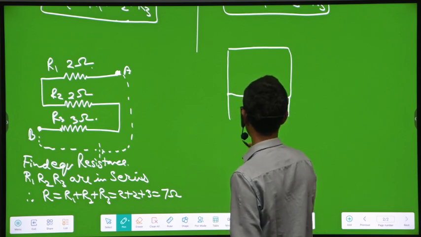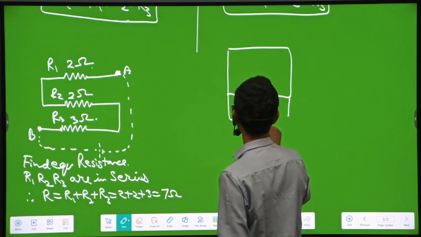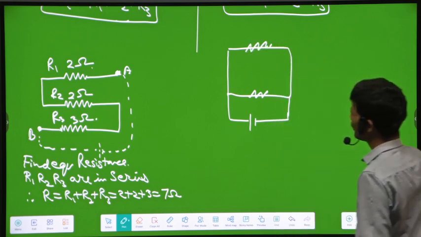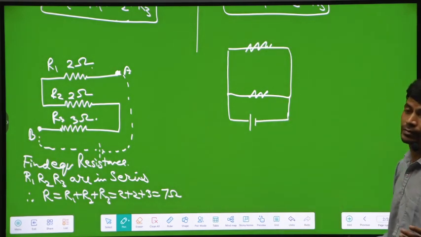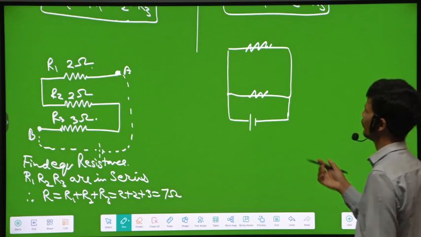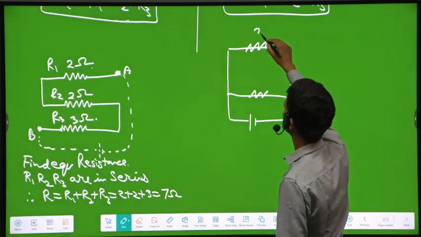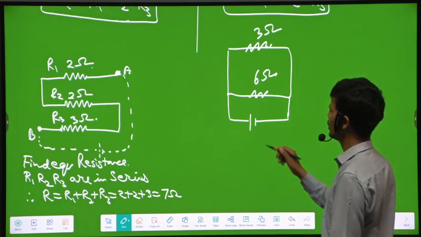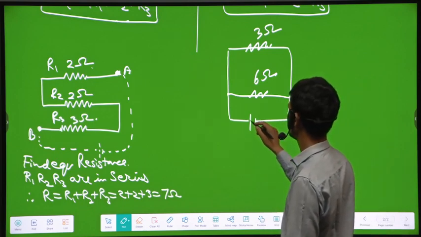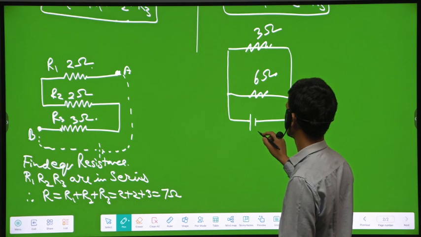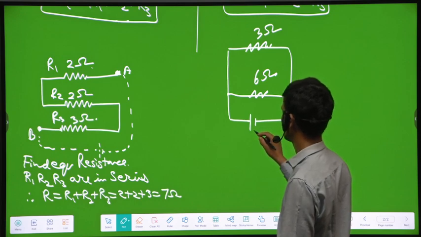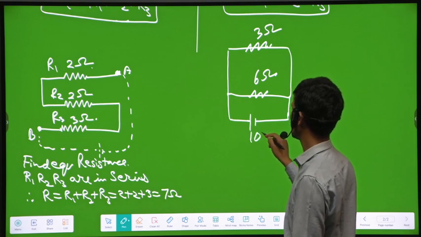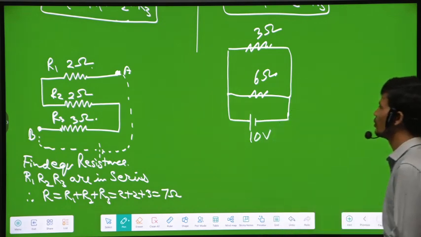Now another same type of question I can give. This time I'm giving a battery attached. Okay, I have given a formula for 3 resistors. I have connected only 2 here, 3 ohm, 6 ohm, and there is a cell also which supplies a potential difference of let us suppose 10 volt, much easier to calculate.